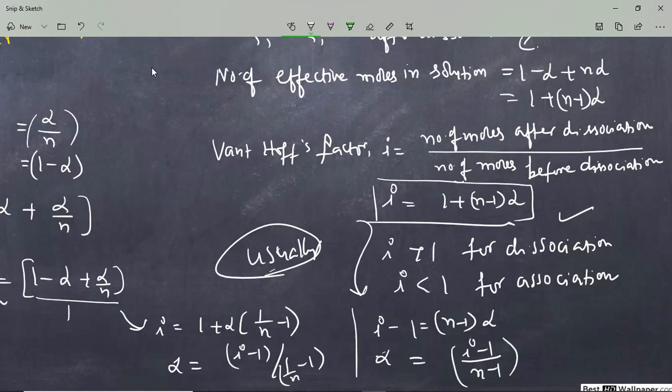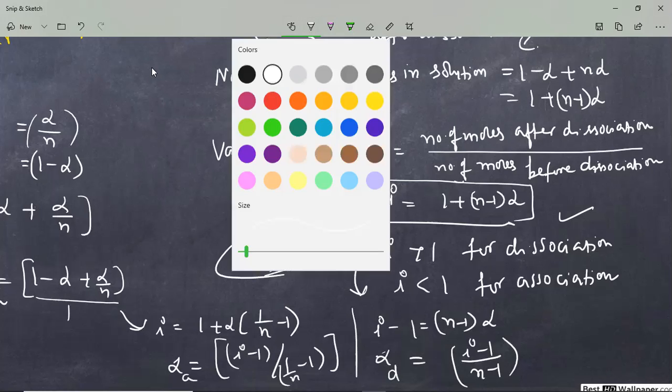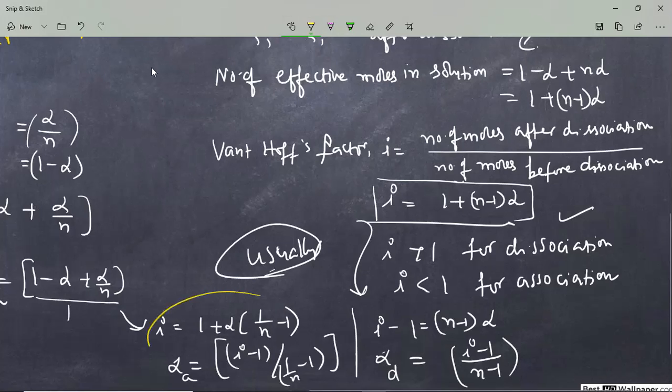So you observe both expressions: here the alpha value for association, here the alpha value for dissociation. Whenever the i value is greater than 1, that is dissociation. If the i value is less than 1, that is called association.